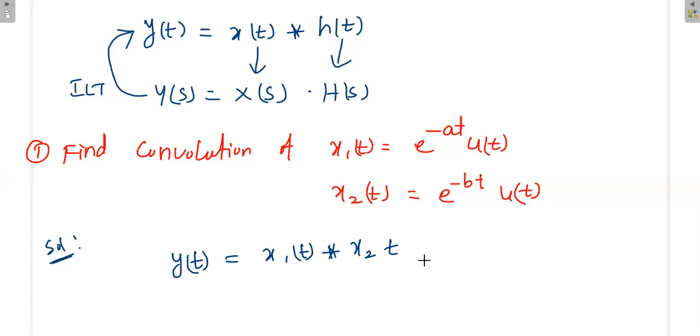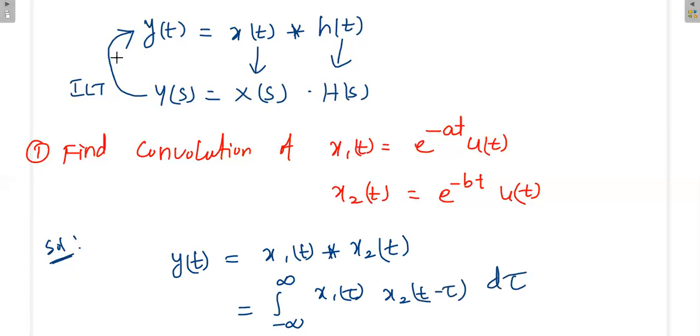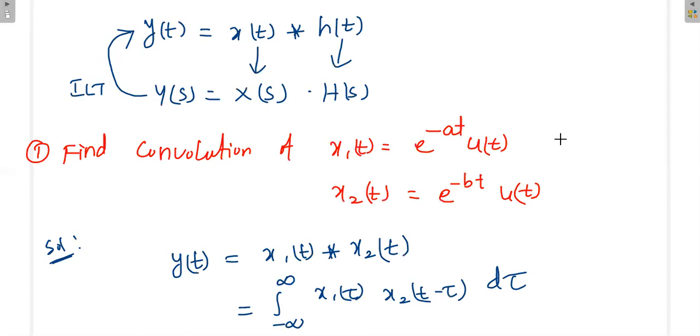That means the integral from minus infinity to plus infinity of x1 of tau, x2 of t minus tau, d tau. Once we know x of t, we can easily identify x1 of tau by just replacing the variable with tau.